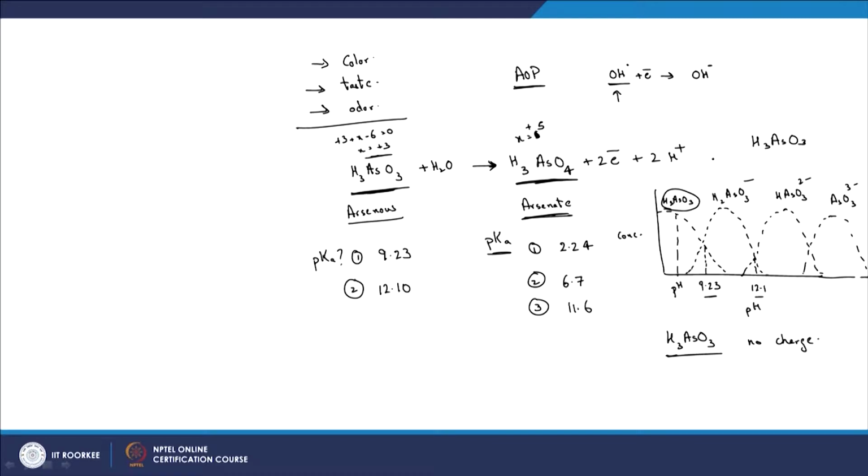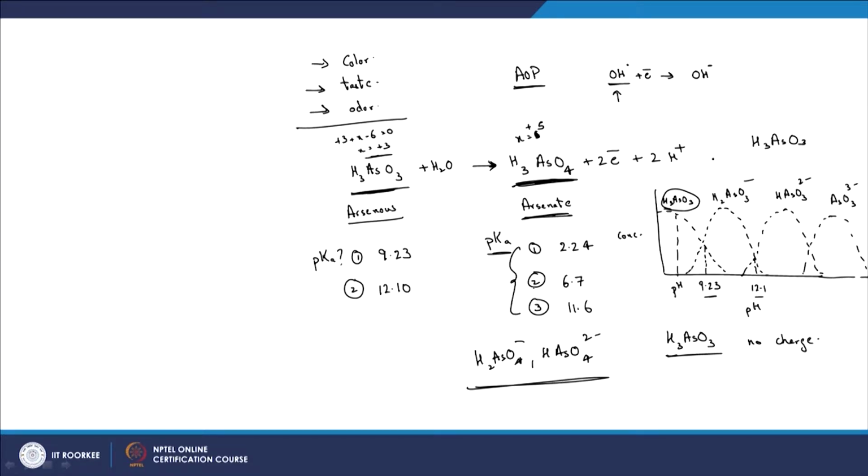And now keep in mind that if you look at the pKa values for H3AsO4, you see that the more oxidized form at neutral pH, around 7, will mostly be in the form of what now? H2AsO4 minus or HAsO4 2 minus near the neutral pH, as you can see from the pKa.